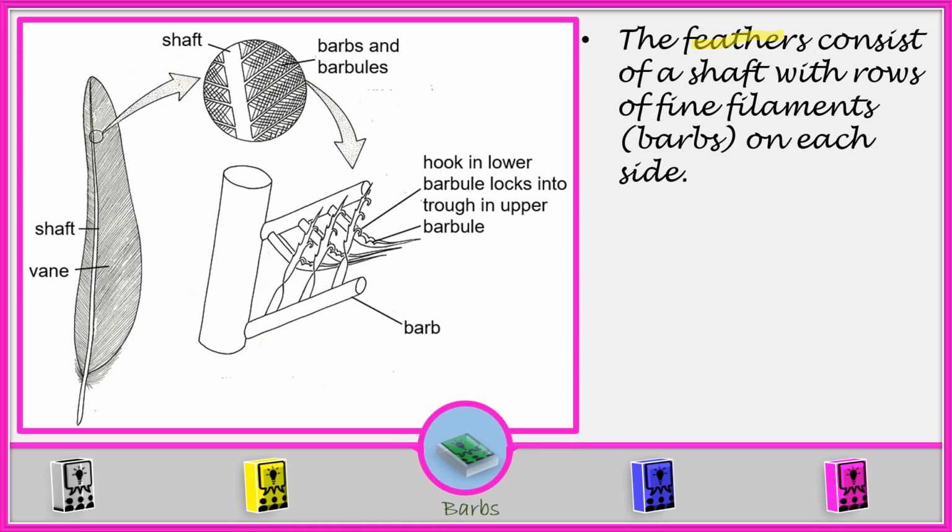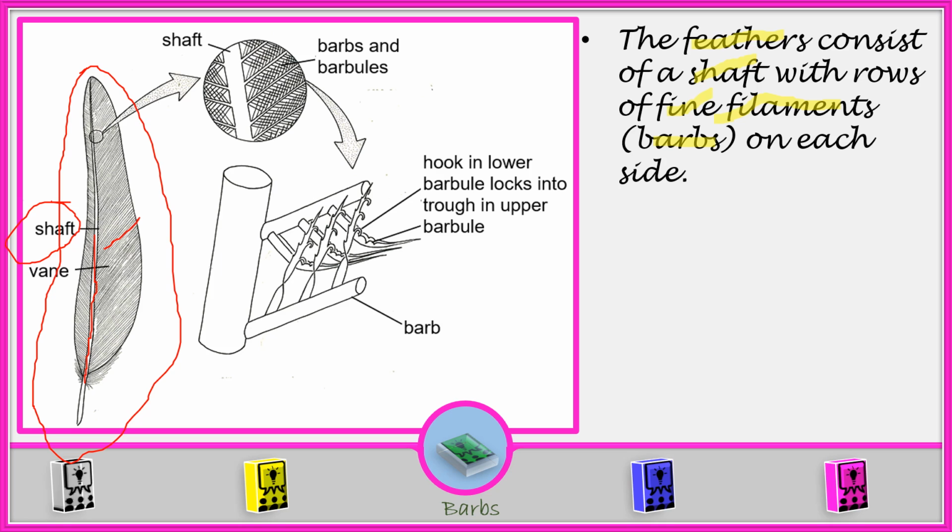The feathers consist of a shaft with a row of fine filaments, or what we call the barbs, on each side. So we have a feather here, and the feather has a shaft. A shaft is that middle part. And this shaft has rows of fine filaments, or what we call barbs.